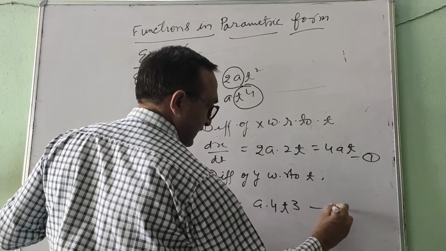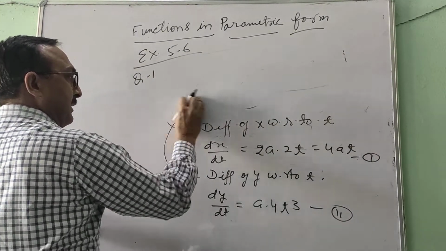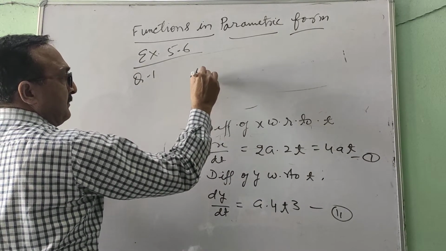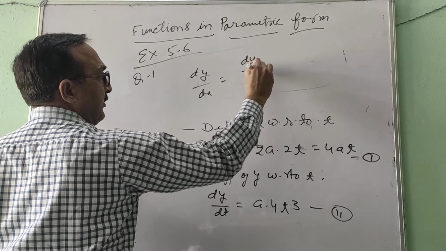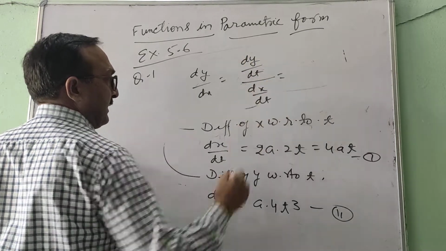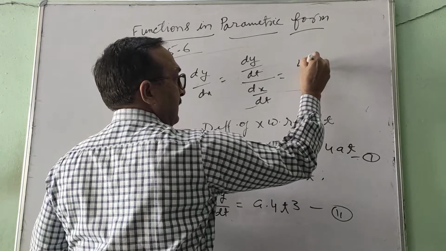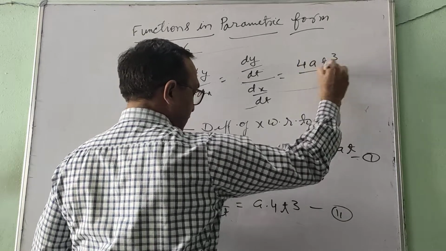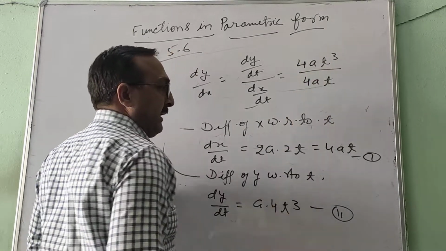I mark this as first one, that is second, and now we need dy upon dx. The chain rule is dy upon dt upon dx upon dt. And what is dy upon dt? 4at cube upon dx upon dt, 4at.